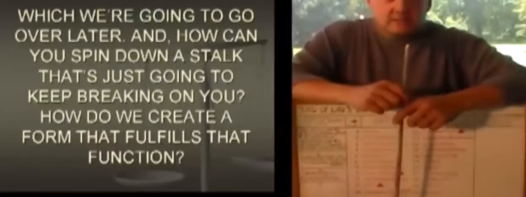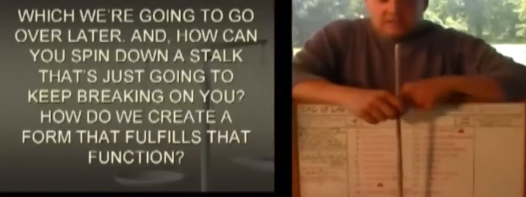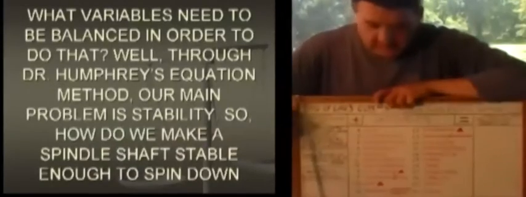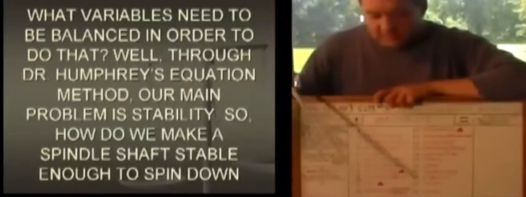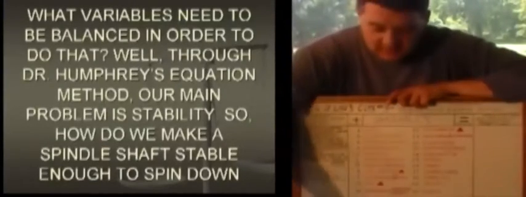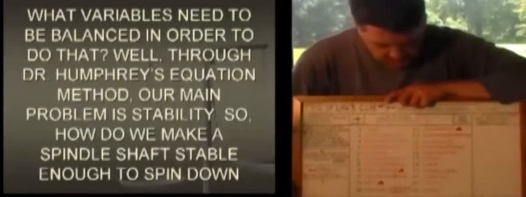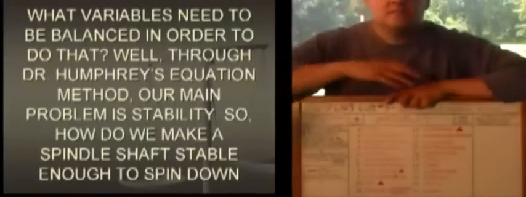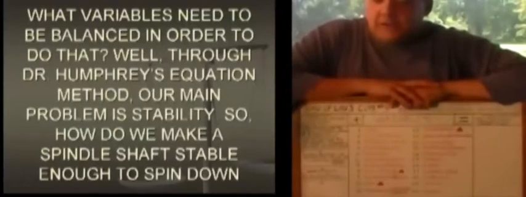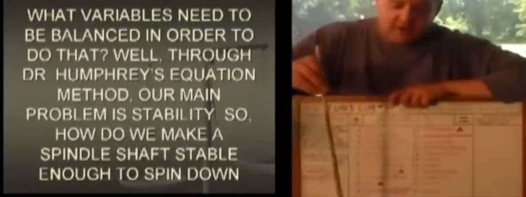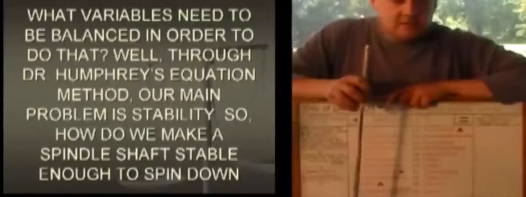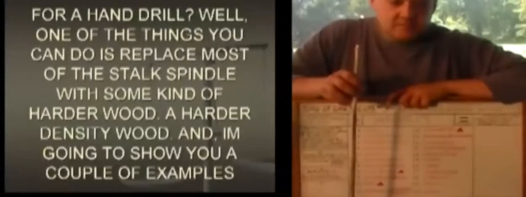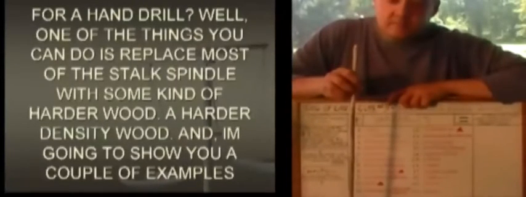How do we create a form that fulfills that function? What variables need to be balanced in order to do that? Well, through Dr. Humphrey's equation method, our main problem is stability. So how do we make a spindle shaft stable enough to spin down for a hand drill?